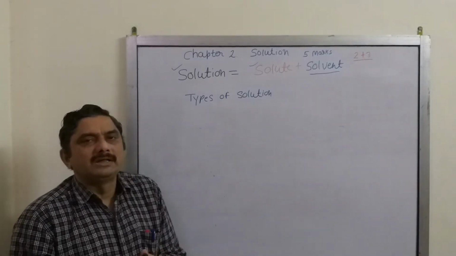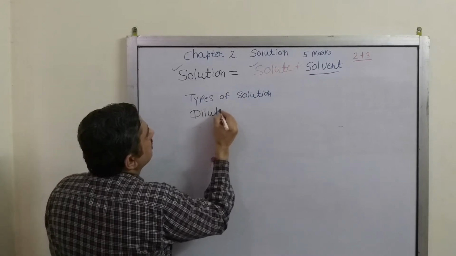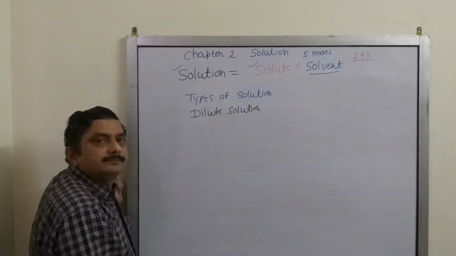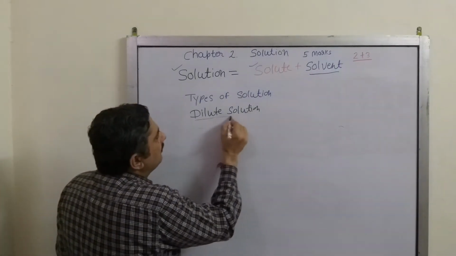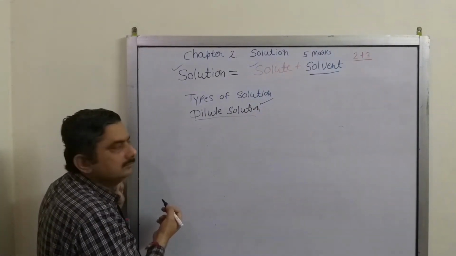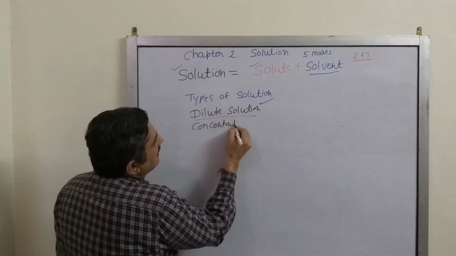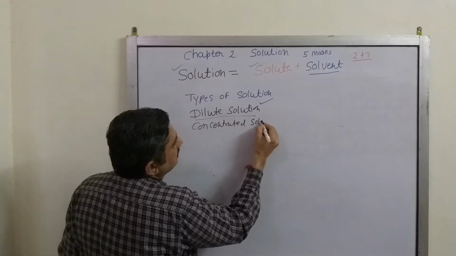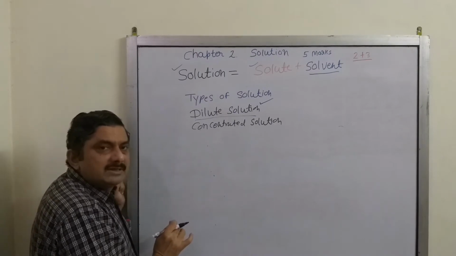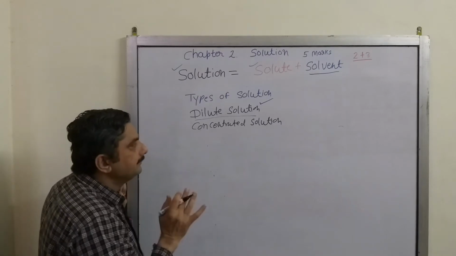Number 1, dilute solution: the solution in which the amount of solute is less than the required amount. Then concentrated solution: the solution in which the amount of solute is relatively very high.